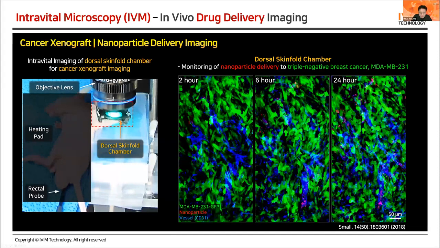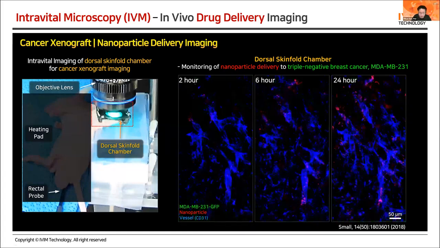After that, we labeled the blood vessels using an antibody, an anti-CD31 antibody conjugated with the near-infrared Pro4. We injected this antibody conjugate, and it systemically labeled all the blood vessels. The green is the cancer cell, and if you look carefully, the red dots are nanoparticles labeled with the red Pro4.